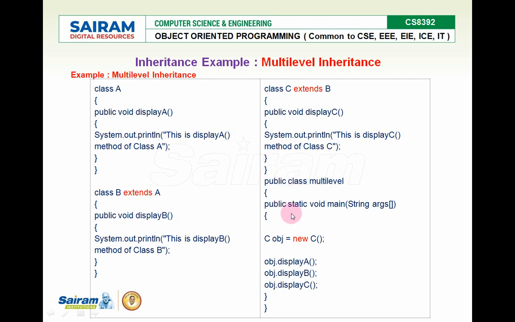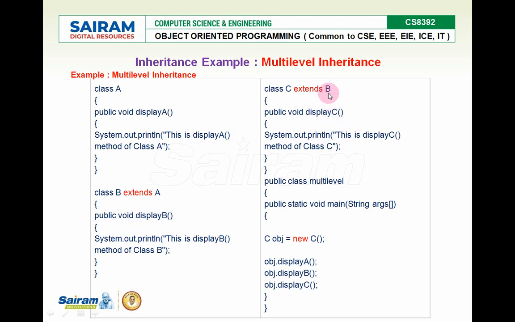So you can create object for class C, that's enough. So in a public static void main, in the main method class multi-level, I'm creating object for the last derived class, that is C. And with that object I'm calling A's method, B's method and C's method, right? So because inside C, display A method is available, display B method is available, and of course display C method is available.